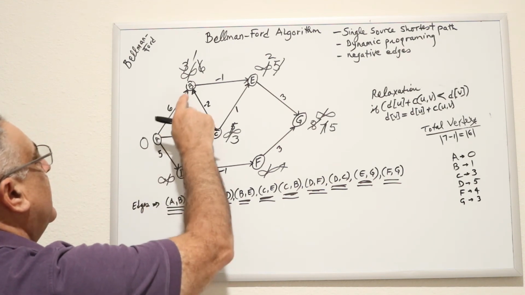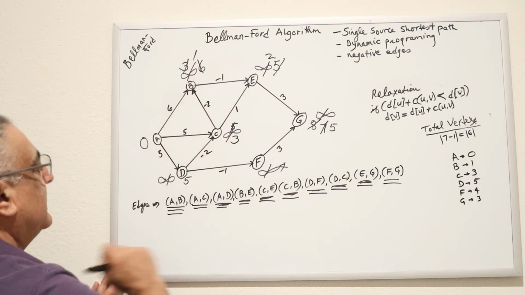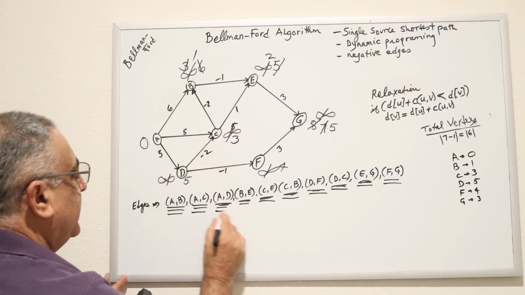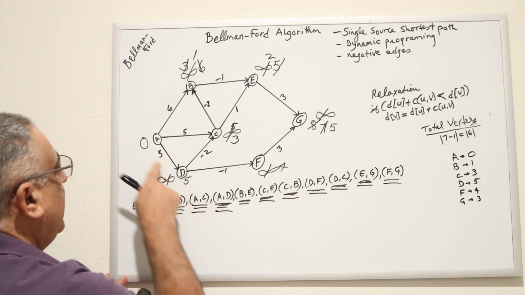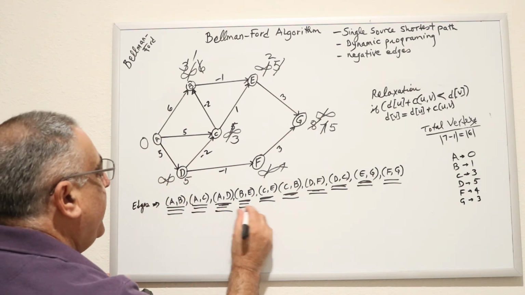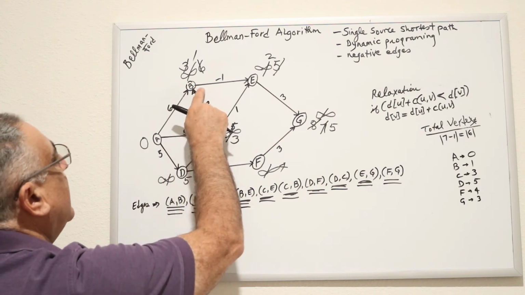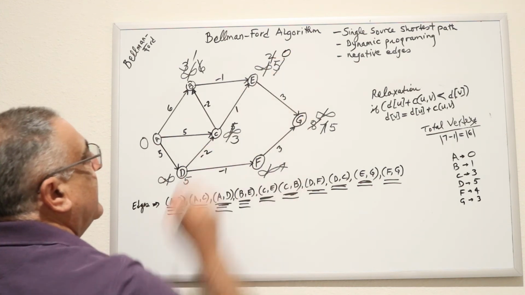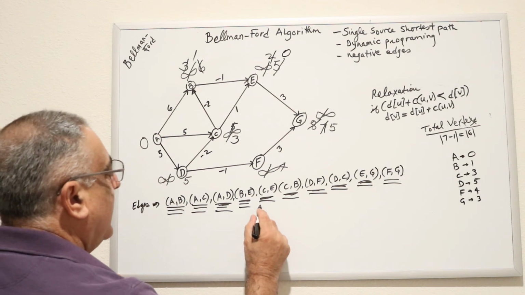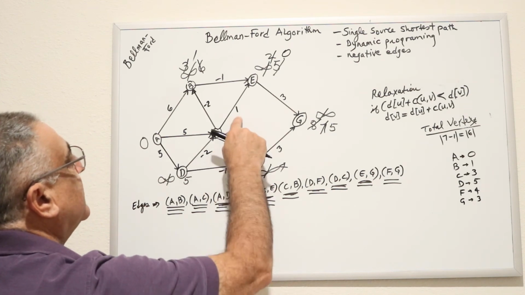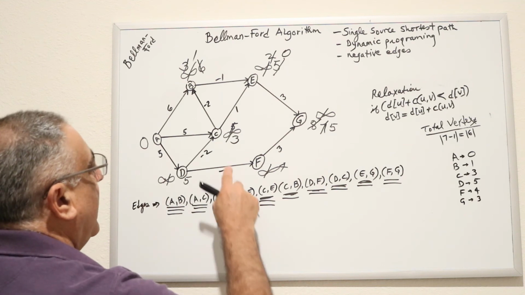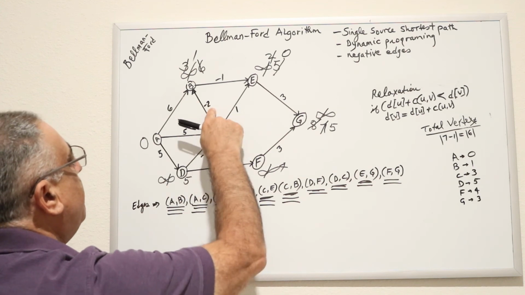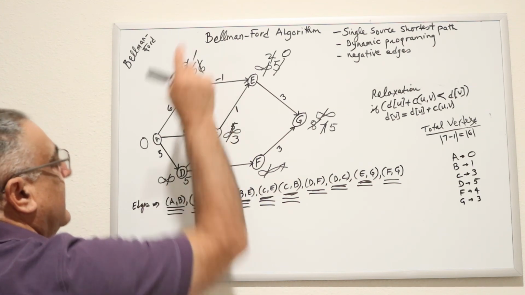A to B. 0 plus 6, that doesn't change. A to C, 0 plus 5, that's a 3, doesn't change. A to D, 0 plus 5, that's a 5. B to E, so B, which is 1 plus negative 1, that's a 0, so that's better than 2. Okay, how about C to E? 3 plus 1, that's a 4, 0 is better. How about C to B? 3 plus negative 2, so that's a 1, that stays.